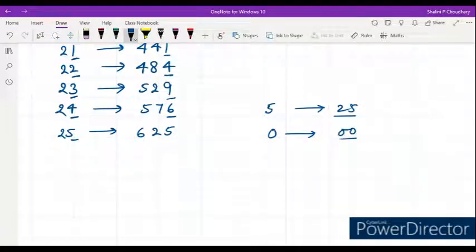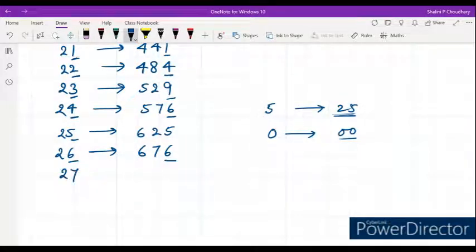Okay, remember, like score of 15 is 225, that is 25. Score of 10 is 100. Okay, so just remember this. Now 26, score of 6 is 36, that should end with 6. Okay, 676 will be the score of 26, ending with 6.